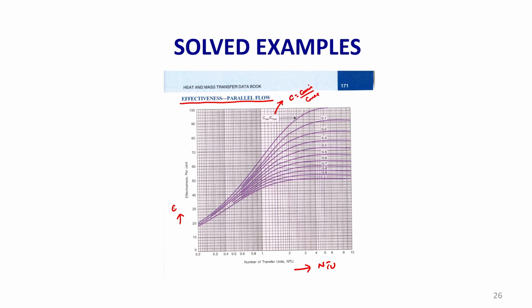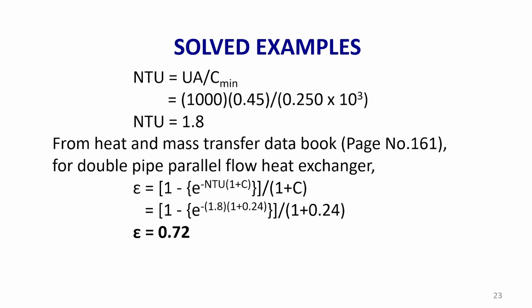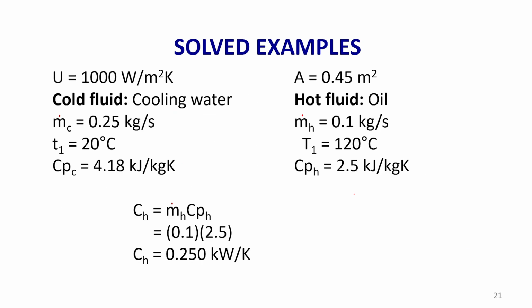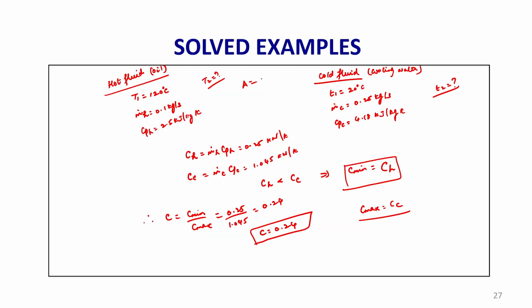The only thing is this chart is to be used for parallel flow. The given type of heat exchanger is parallel flow. Now, U is given, A is given. If you see the problem, the U value is given, and the heat transfer area is also given: 0.45 meter square, and U is equal to 1000 watt per meter square Kelvin.